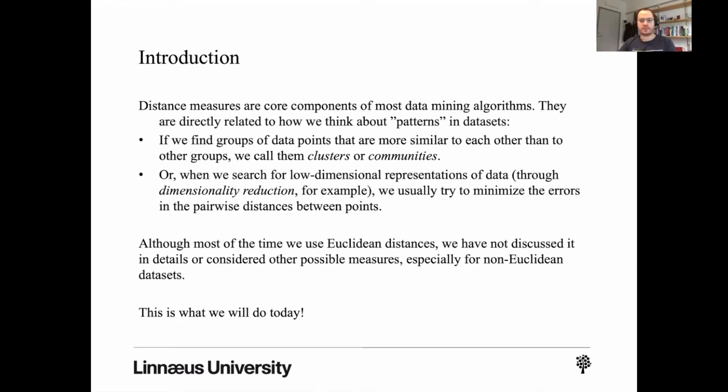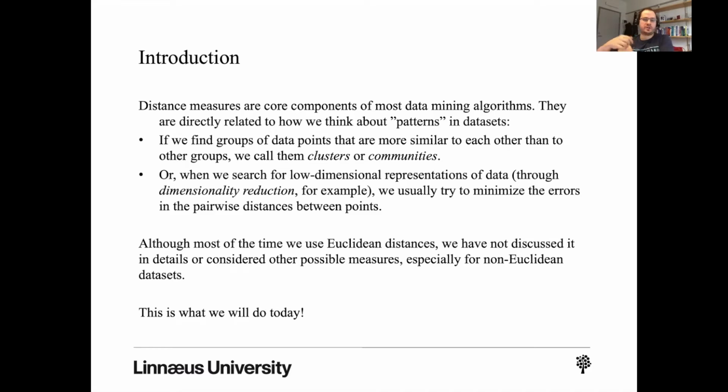The idea is that you're grouping things that are more similar between themselves than they are with other things in other clusters or communities. So it doesn't matter whether the data is Euclidean high dimensional data, for example, or a network. In both cases, we're still thinking about similar and dissimilar items. And for that, we usually use distance measures to compute that.